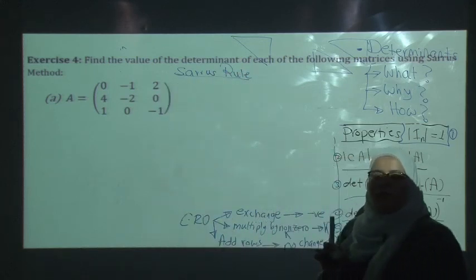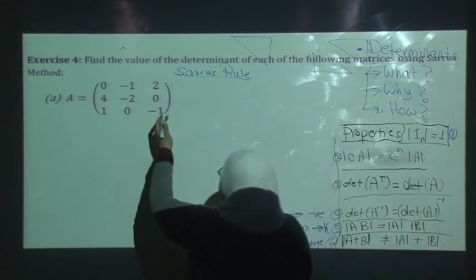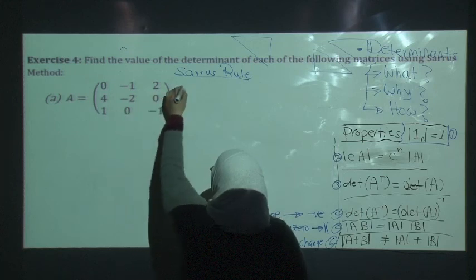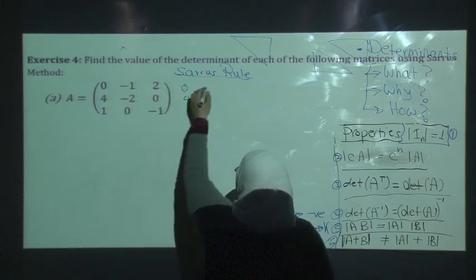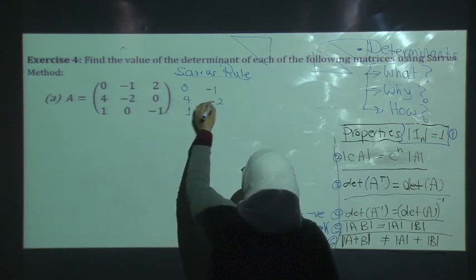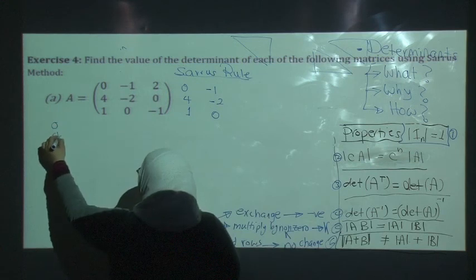What does this rule say? It asks us to repeat the first 2 columns here, and we will get a matrix of that form.